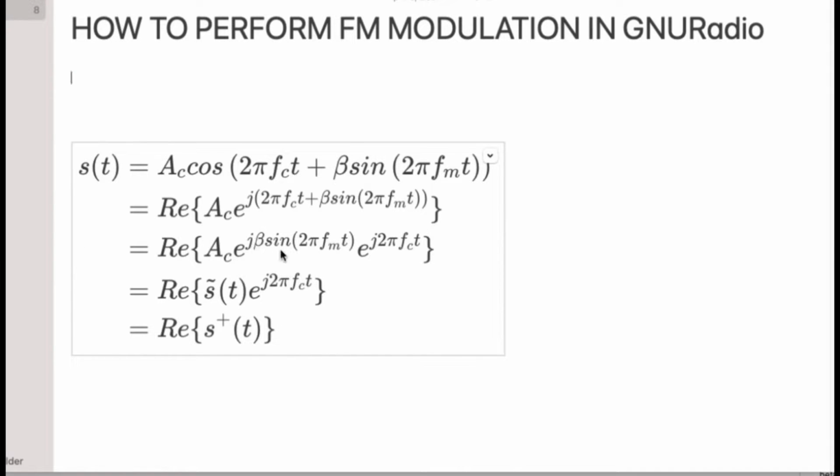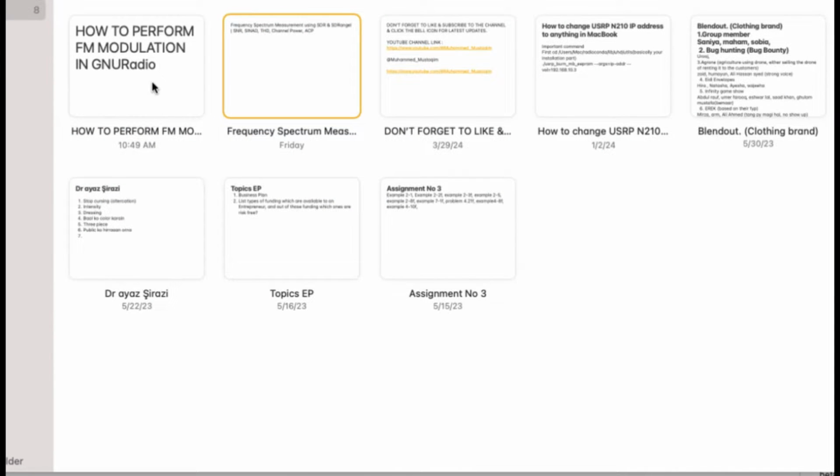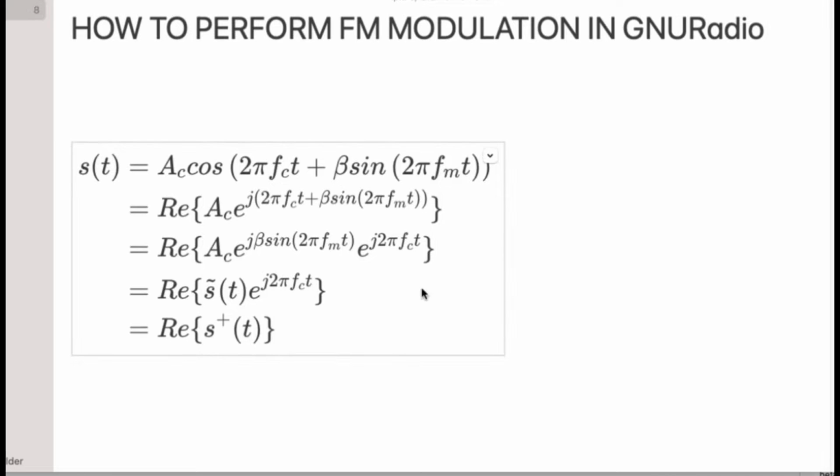I want to convert this signal into e to the j x value, isn't it? Doesn't that look like this? This is a complex signal, because sine is the complex part of a signal, while cos is in phase, sine is quadrature. So you want to convert this real signal into a complex signal.